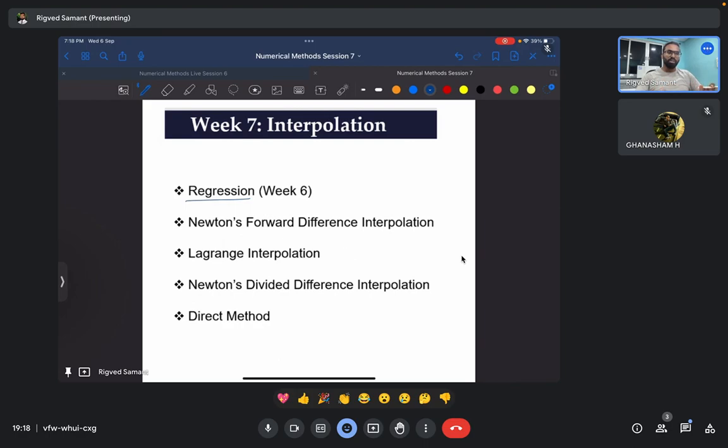Whereas in interpolation, the basic difference is you still have scattered data points for variables x and y, but you know that it's from a continuous space. So there is one point in between where you want to find the data, then you use interpolation. So the given data set would be similar.